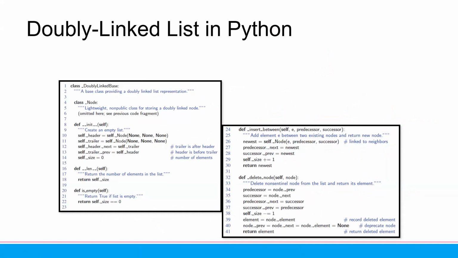This is the doubly linked list in Python. You know the node, which I have explained before. In the node class, we can create a node, and the constructor contains the header and the trailer.